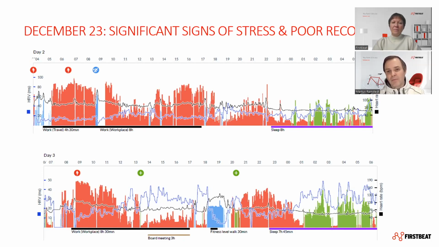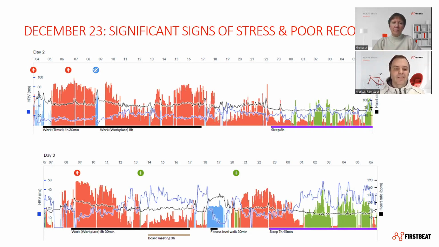I think I slept pretty okay, but the stress of the day shows in the night that the recovery was poor. Yeah, that's a good point too for those who are new to this, that the red color during night doesn't mean that Marcus was lying awake, but it just means that the restorative quality of the sleep wasn't optimal, and that the body was still working overtime even when he was asleep. I thought I slept pretty decently well.